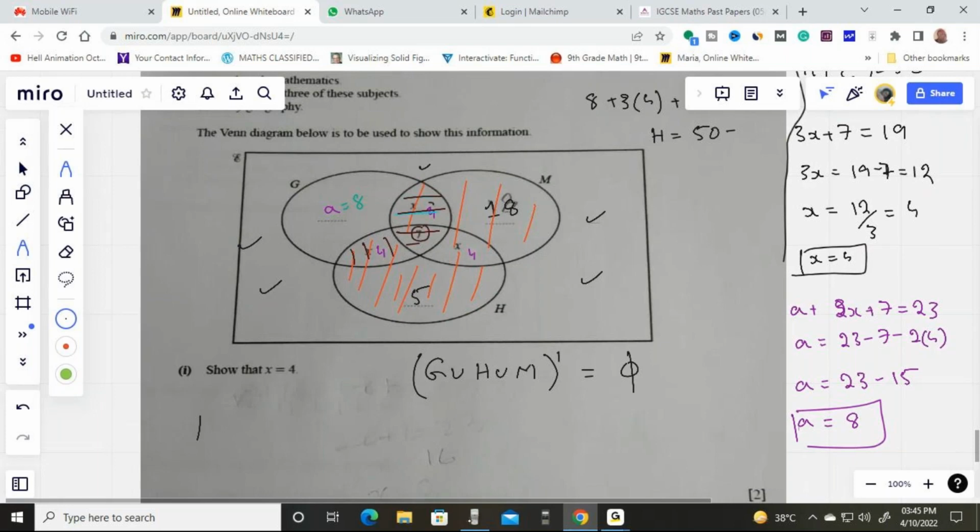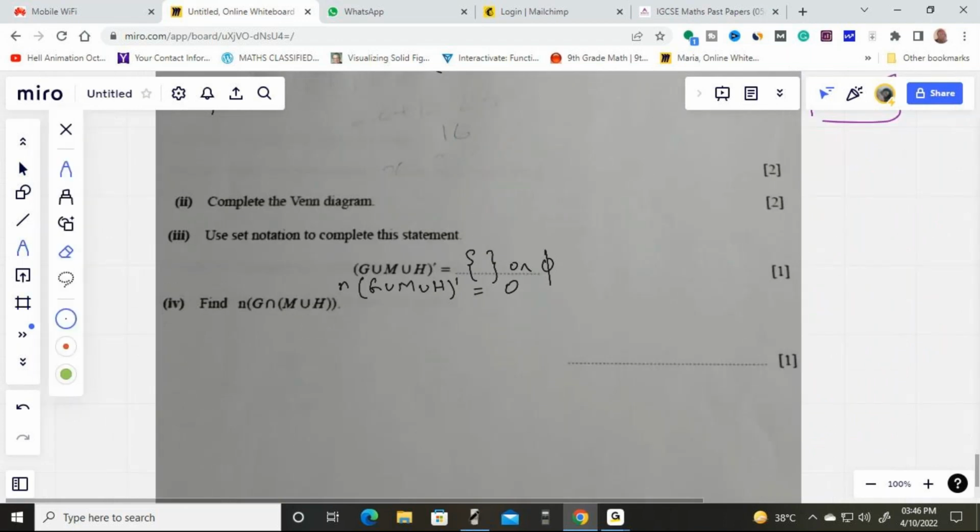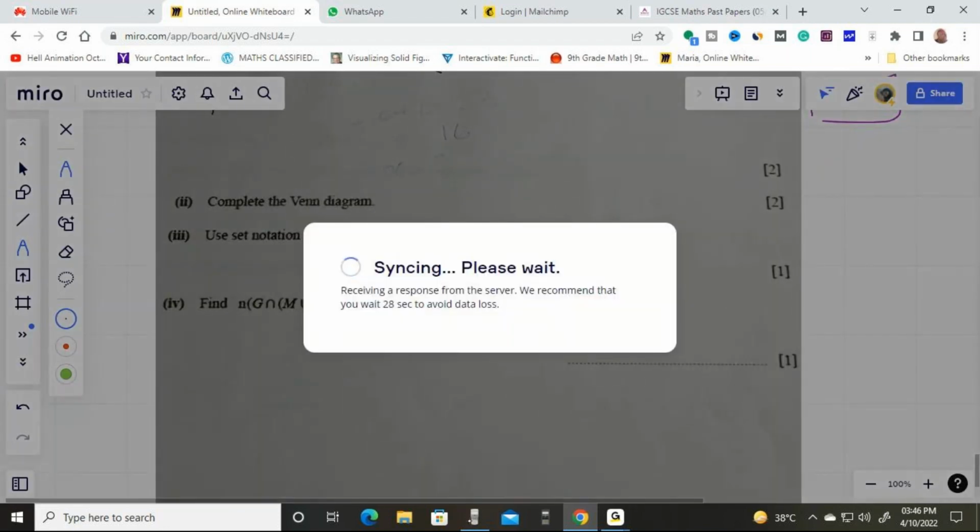It's containing 4, 7, and 4. You simply sum up these three numbers present in this region, and that will be the cardinality. So 4 plus 4 gives you 8, plus 7 gives you 15. You just write 15 here, and that's how you finish.